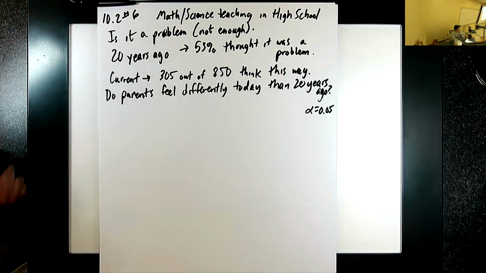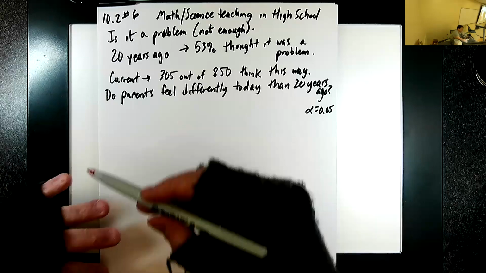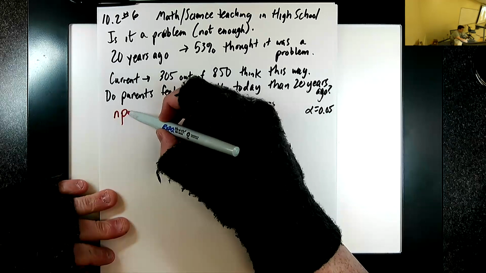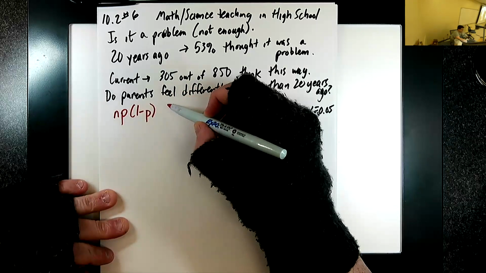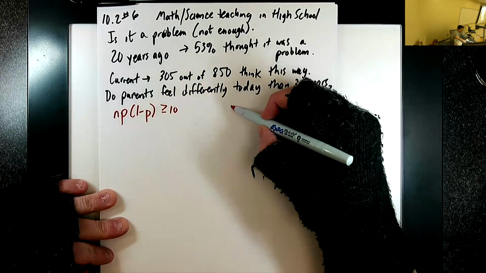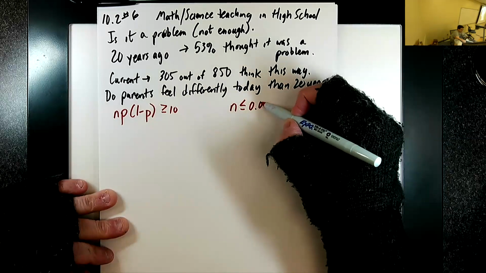Now on this problem, they want us to test the criteria first. So it shows it on the screen. We're going to walk through the criteria. Recall the criteria was n times p times 1 minus p is greater than or equal to 10, and n is less than 5% of the population.